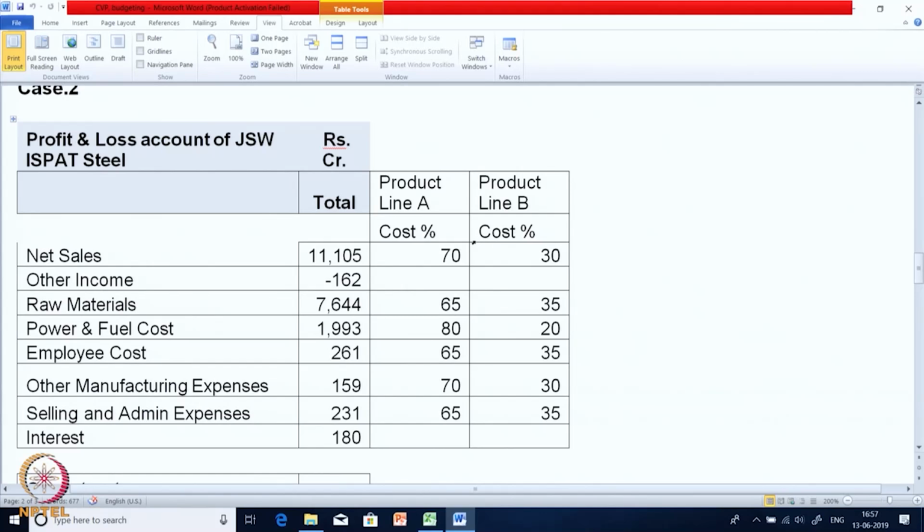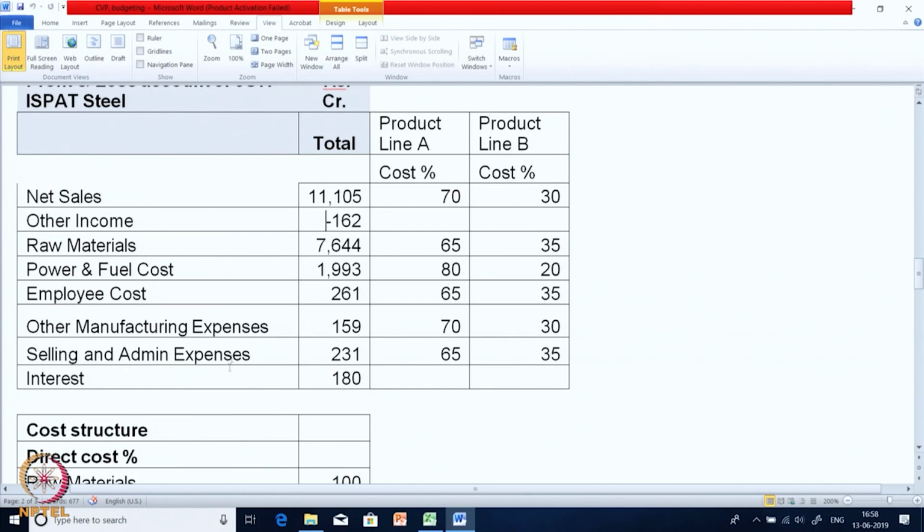We have been given the profit and loss account of JSW ISPAT Steel. They are primarily operating in two product lines. These are the actual figures from the P&L: net sales, other income, raw material, power and fuel, employee cost, other manufacturing expenses, selling, admin, and interest.